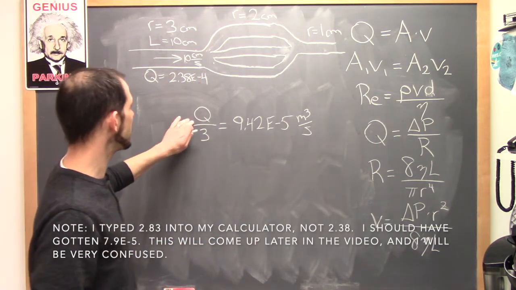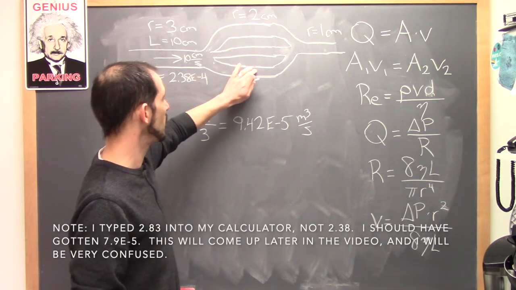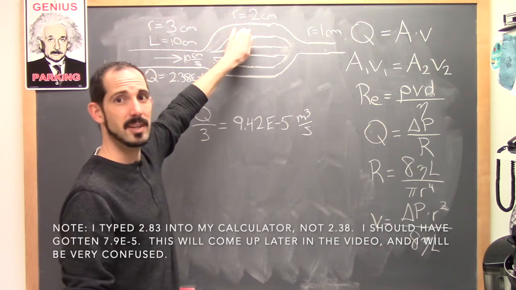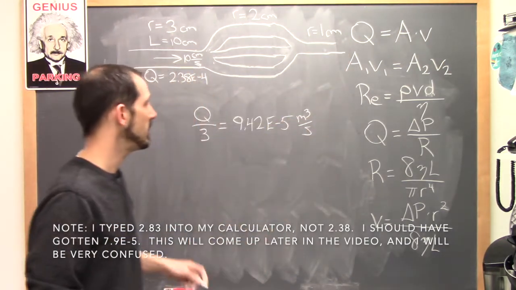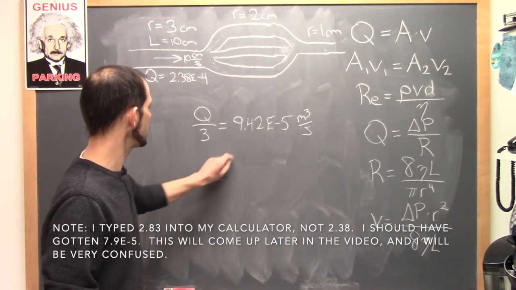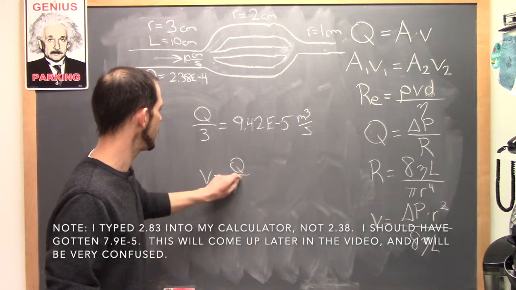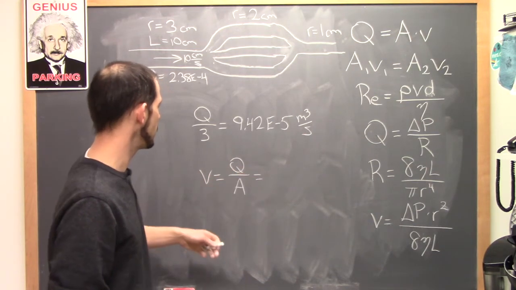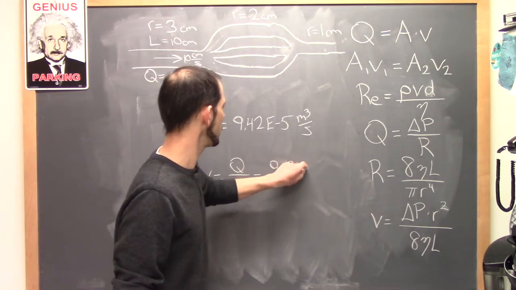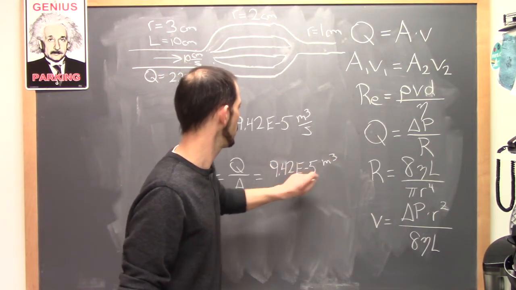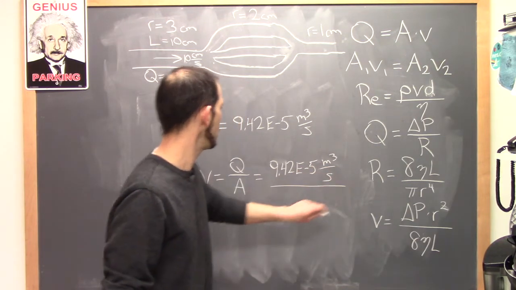So given that that's the flow through each individual pipe, now I can find the velocity in one of these pipes. I can just back out the calculation using Q is equal to A times V. So V is Q divided by the area. So we're going to get rid of that pi, so we get a round number. So 9.42 times 10 to the minus 5 meters cubed per second divided by area.